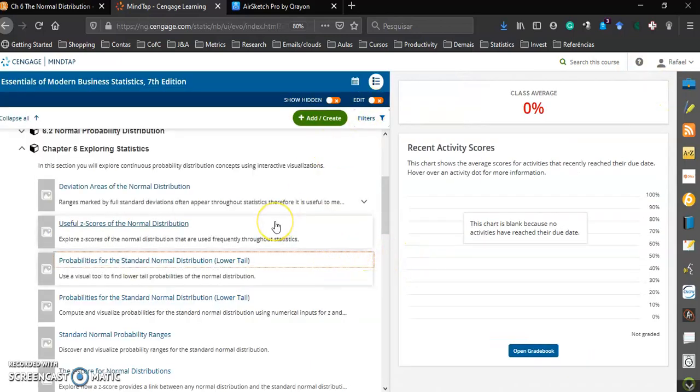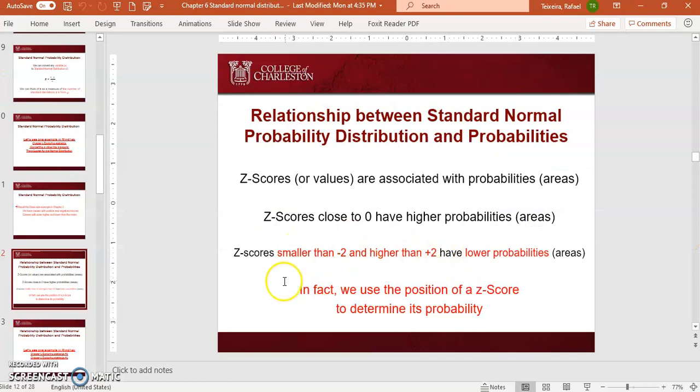Okay, so that's the idea. The idea is that you look at the z-scores and see if they're smaller than -2 or higher than 2. You know that they have lower probabilities. If they're close to 0, like 0.3 or 0.6, they have higher probabilities because they are close to the center.